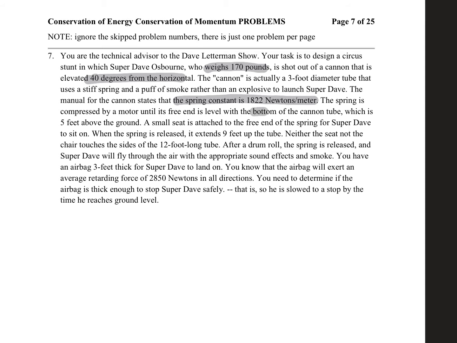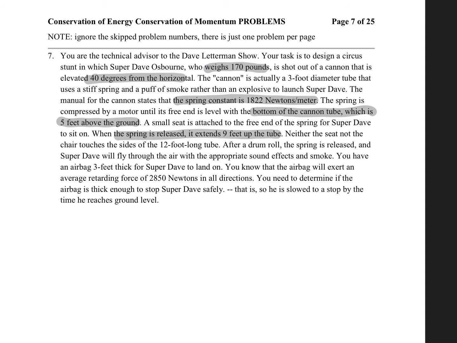The bottom of the cannon tube is 5 feet above ground. A small seat is attached to that, which is what he sits on. The spring is released. The spring does 9 feet of extension, so that x in there is going to be that.